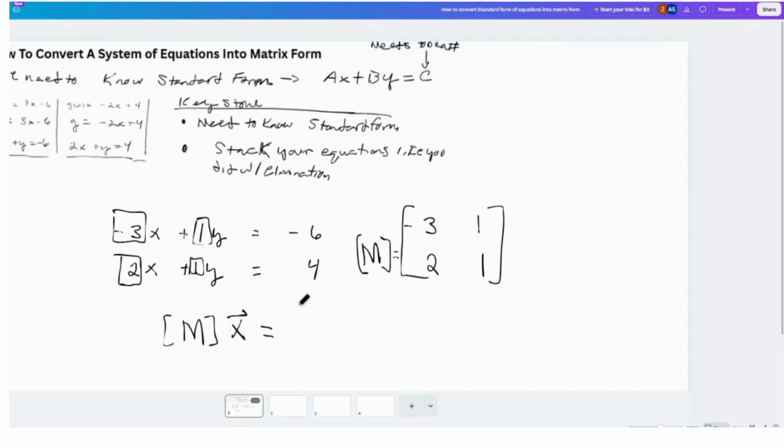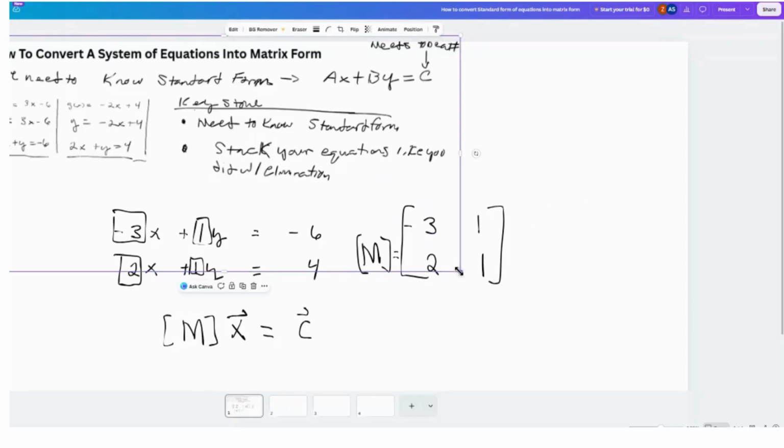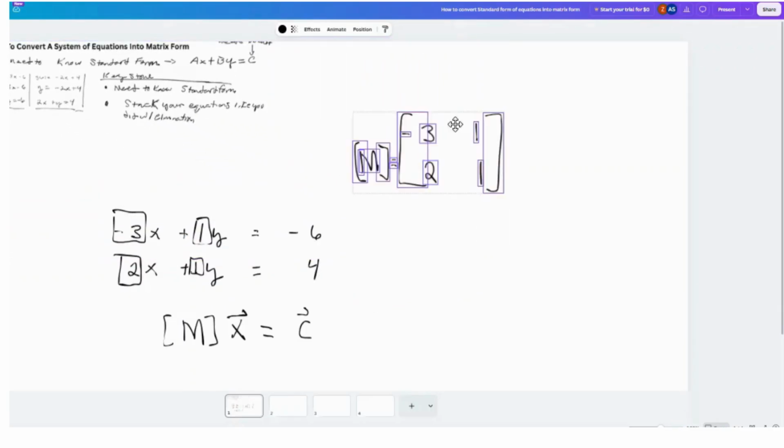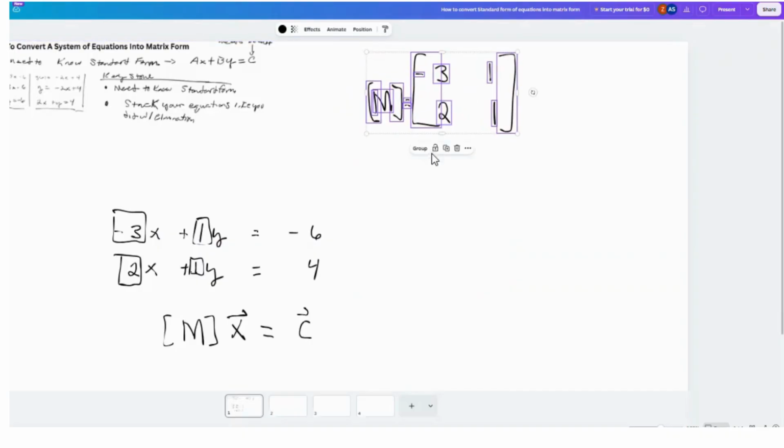And we set it equal to the solution vector negative 6 and 4, right? We usually just label that like a C or some sort of letter. So this is what's going on. For the purpose of this lecture, we converted the system of equations. The coefficient matrix is the one you're going to be solving to find your solutions in x and y.